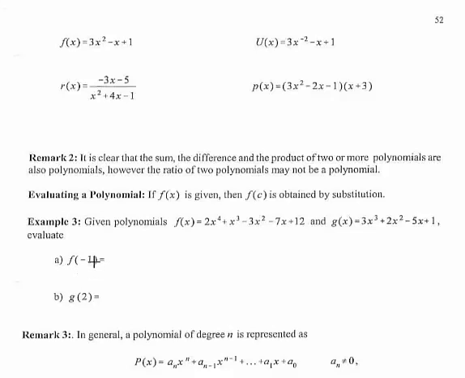We want to evaluate f at a particular point, x equals -1. So we simply walk through the polynomial replacing x with -1. I always like to put parentheses around the -1 that I have to insert inside of a function.